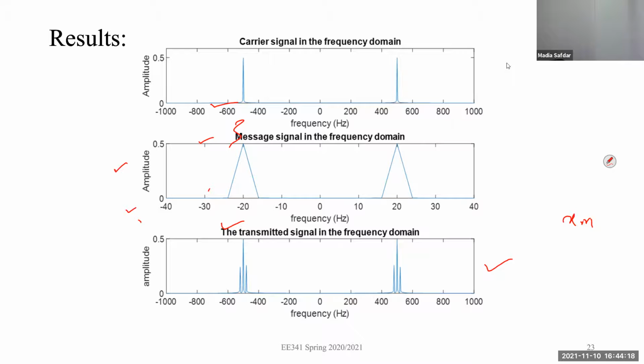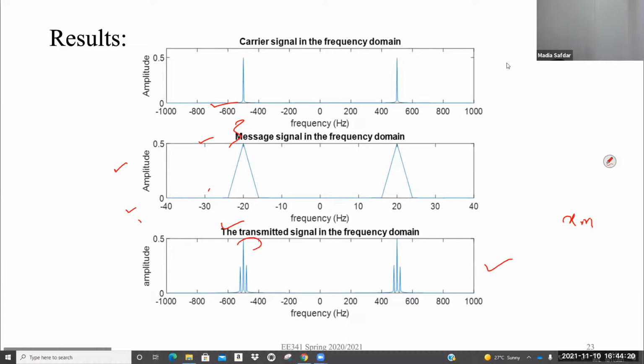We didn't have this carrier before, but today in this lab, because this is double sideband transmitted carrier, the carrier is here. Exactly at which frequency? 500. So the frequency of the carrier was 500, exactly in the middle.